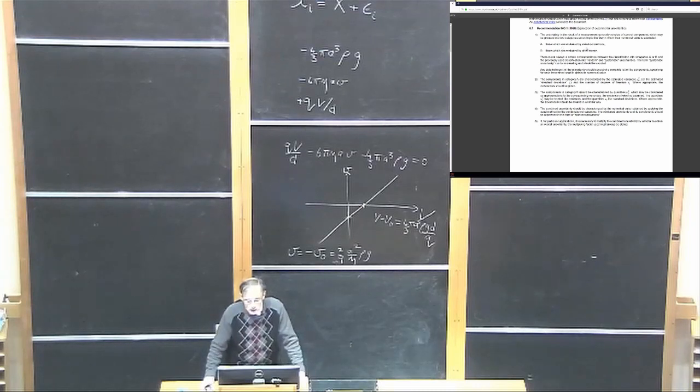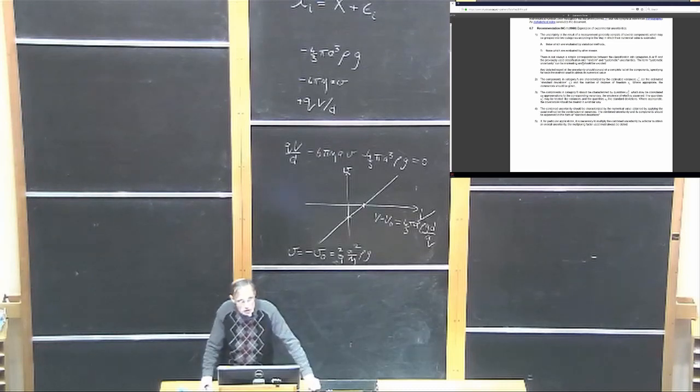Class A are those which are evaluated by statistical methods. Class B, those that are evaluated by other means. Not always a simple correspondence between A and B and the previously used classification into random and systematic uncertainties. They really think that they're changing the system here. The term systematic uncertainty can be misleading and should be avoided.